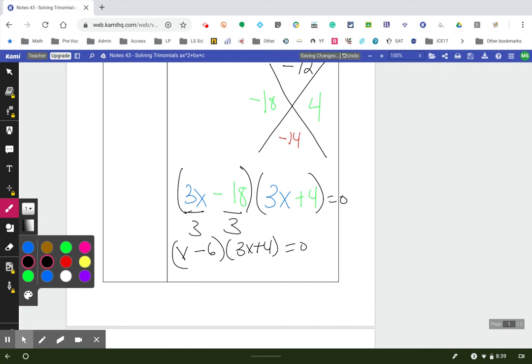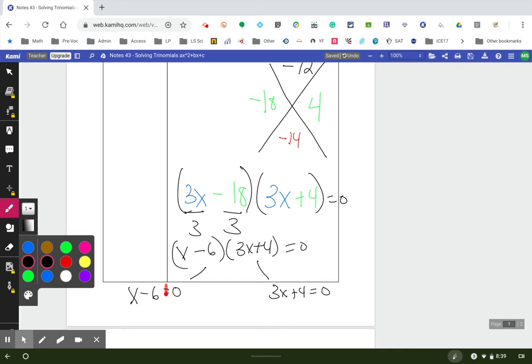Now, if you remember from solving those other ones, what you do is you split these up into two separate problems and set them both equal to 0. Because if one of these two parentheses is equal to 0, then the whole problem is equal to 0. So if we do some algebra, I'm running out of room, but we'll make it work.